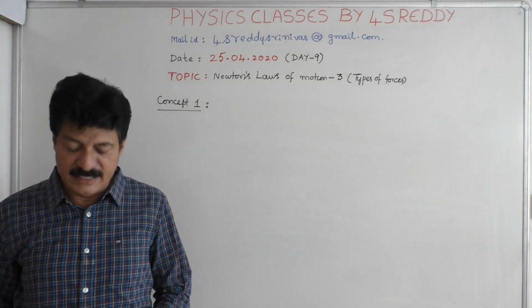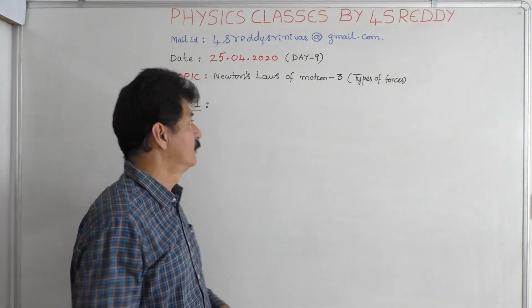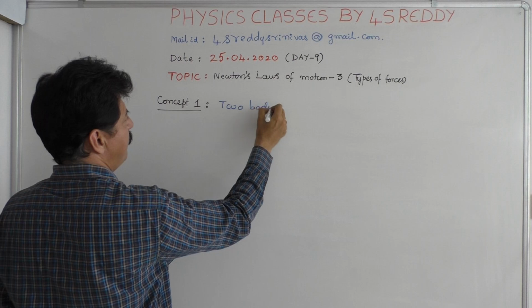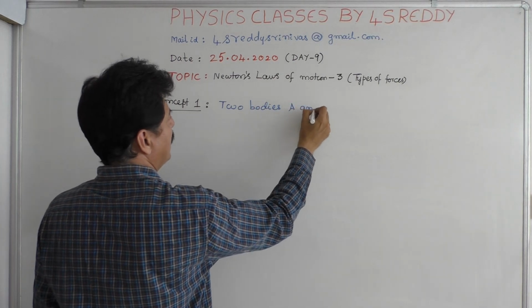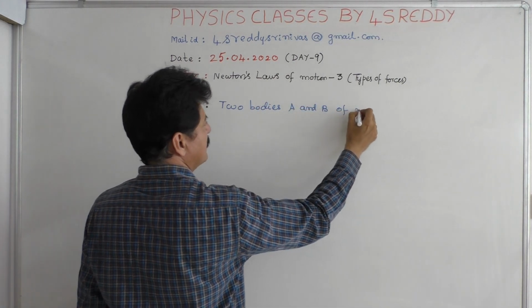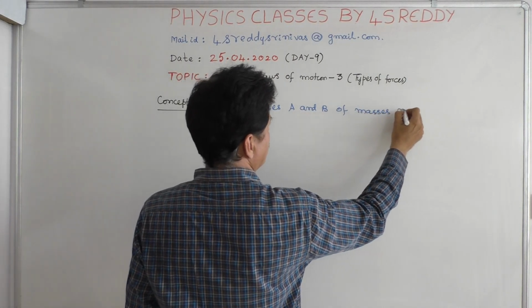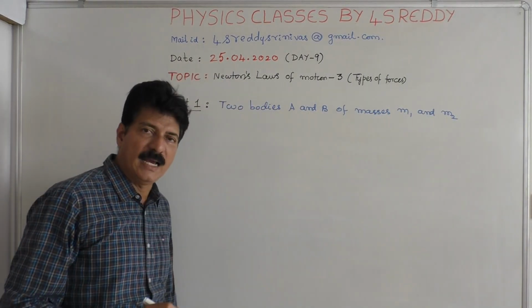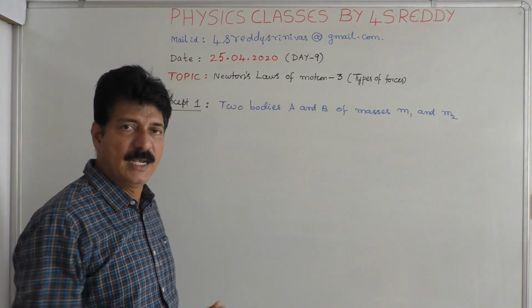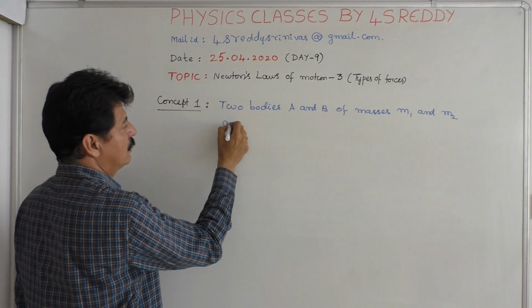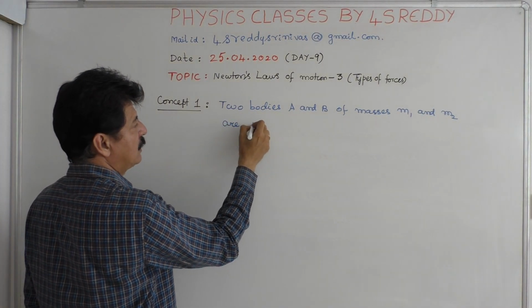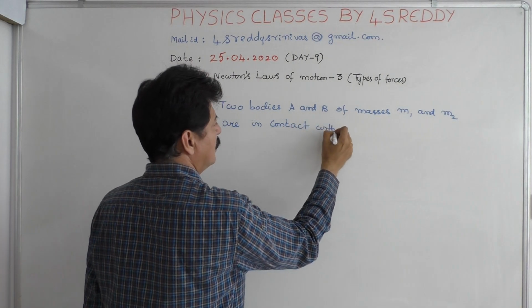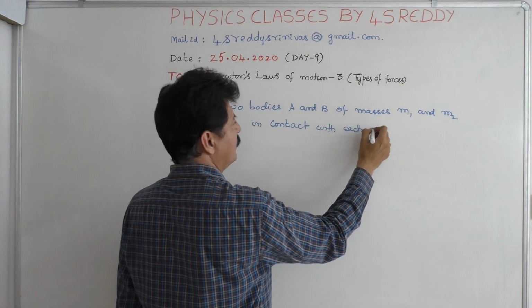Two bodies, capital A and capital B, of masses M1 and M2, are in contact with each other.